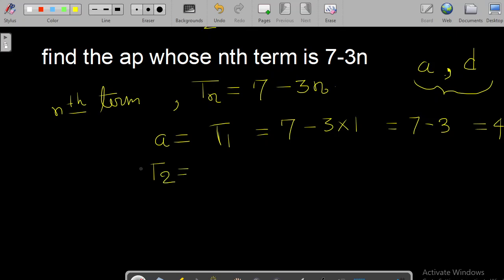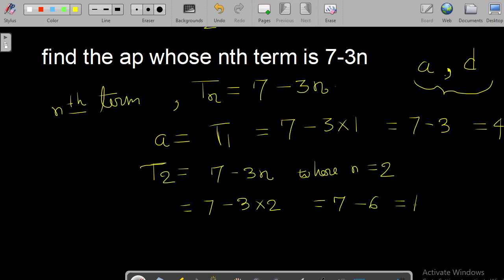You may ask why I am finding the second term. Well, you will see. I simply replace n with 2. That becomes 7 minus 3 into 2, which is 7 minus 6, which is 1.